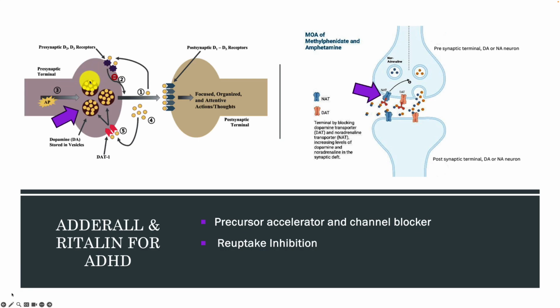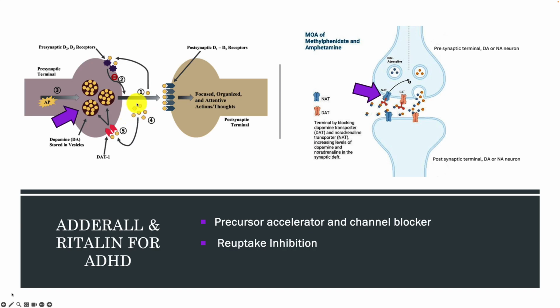Which means that these vesicles are going to be filled with dopamine, right? So when we have the secretion of dopamine, one of the first things that shuts off dopamine is an excess amount of it here in the synaptic gap between the pre and the post neurons.